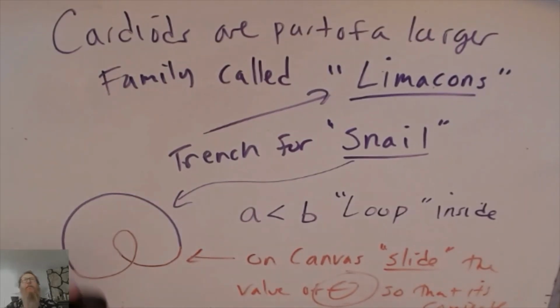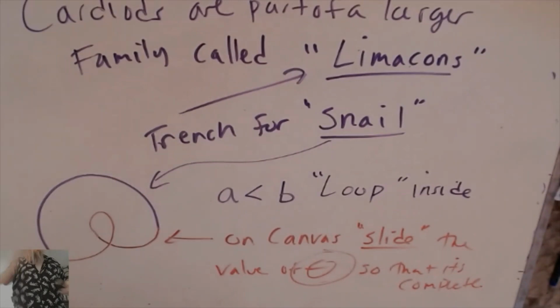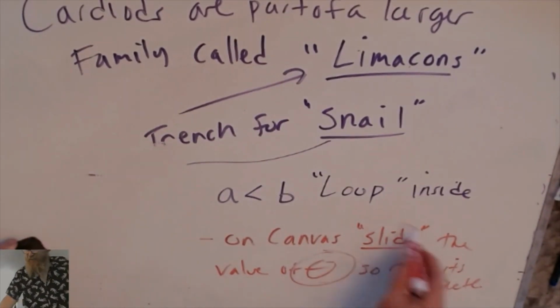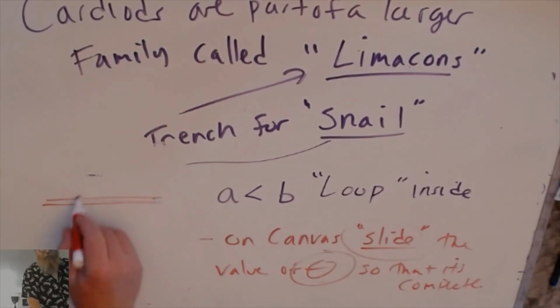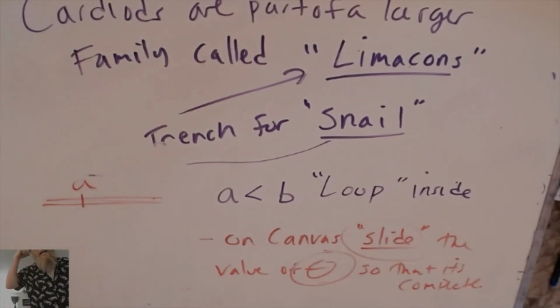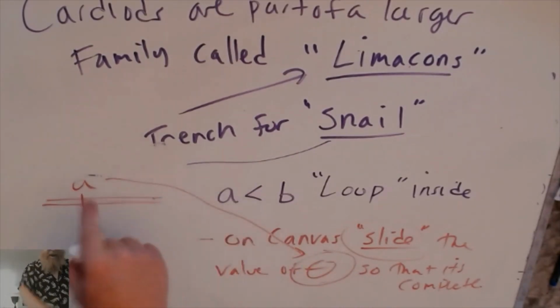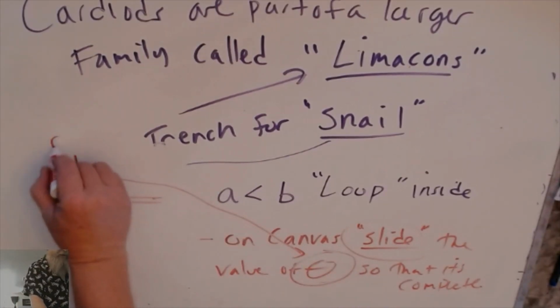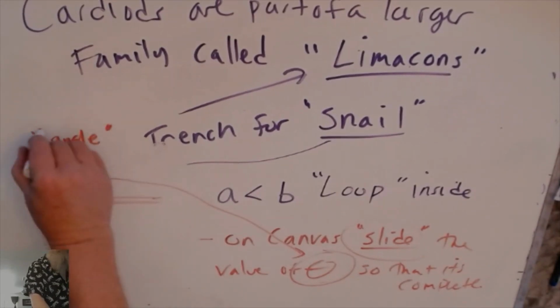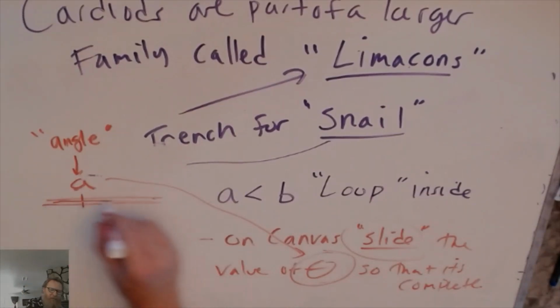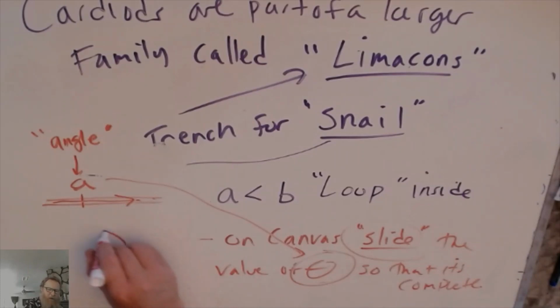Again, you're going to sort of draw the graph by sliding. There's a little slider bar here where you slide A. A is sort of acting like theta. It's acting like the angle. I think the computer uses the letter A to represent angle. I never do that. I use A as a constant. So you're going to slide the A in such a way that it draws the entire graph, like that.